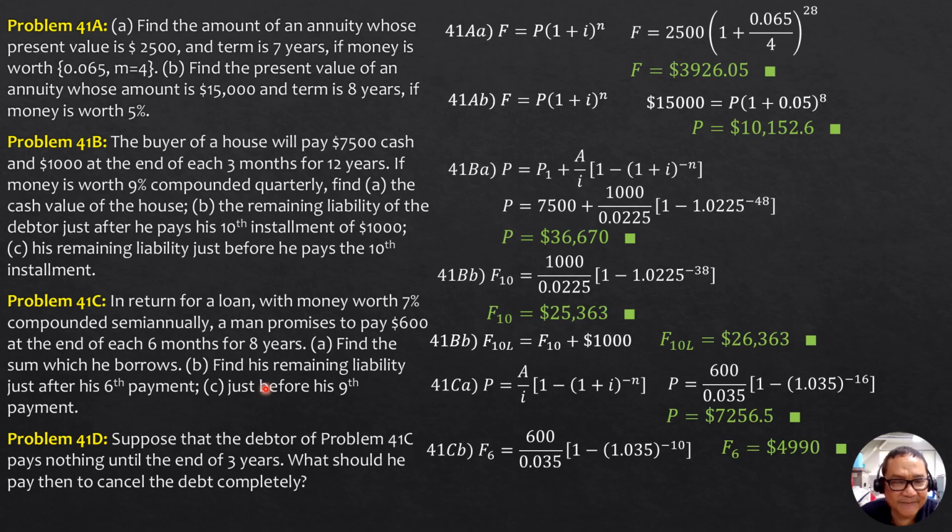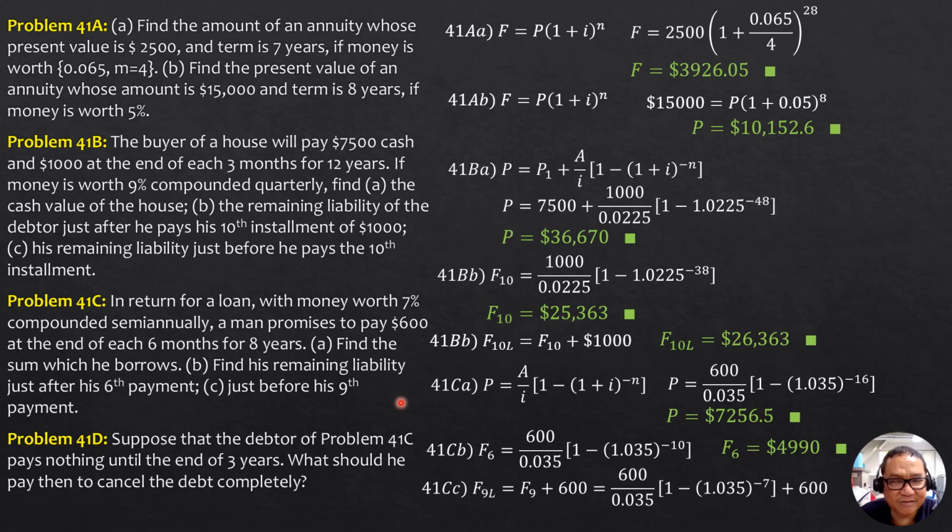Then plus $600. So F9 left is F9, which is equal to 600 over 0.035, plus 600, just like this idea here. Quantity 1 minus 1.035 raised to negative 7. That negative 7 is because it is just before the 9th payment. So it is the equal payments between the 10th and the 16th payment.